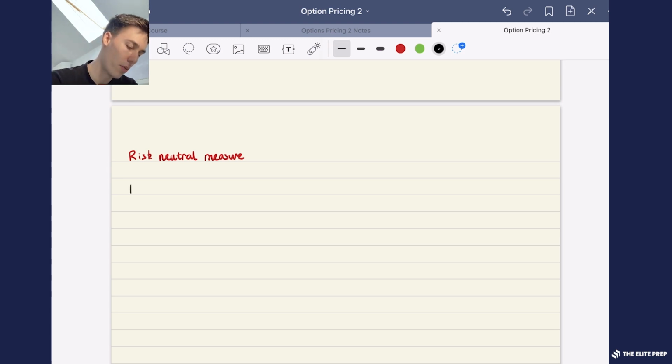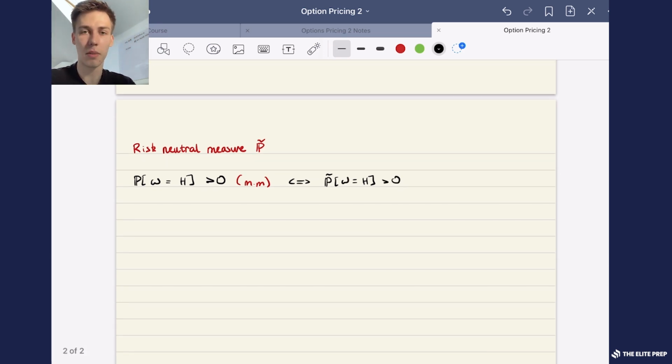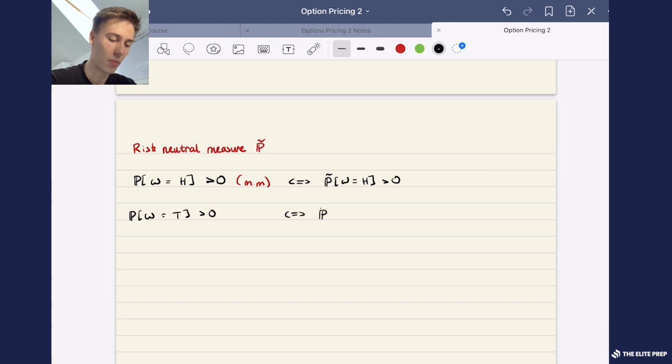In other words, the probability that omega is equal to heads is greater than 0 in the market measure if and only if the probability, and I'm going to denote the risk-neutral measure with a P tilde, the probability under the risk-neutral measure of heads happening is greater than 0. And the same thing for tails.